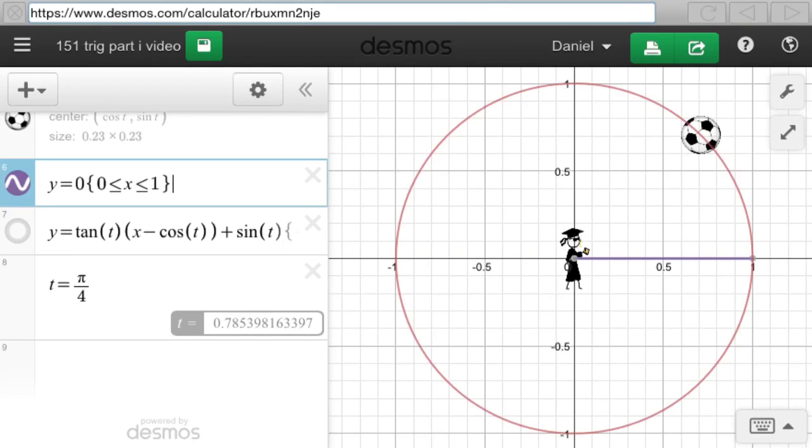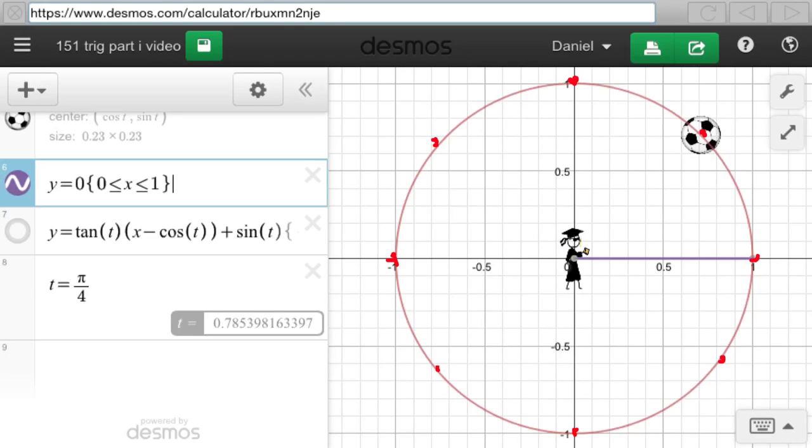We can see in this picture here that the ball has traveled 1/8 of the total distance around the circle, right? This would be 1, 2, 3, 4, 5, 6, 7, 8.